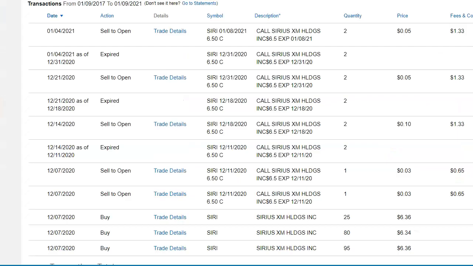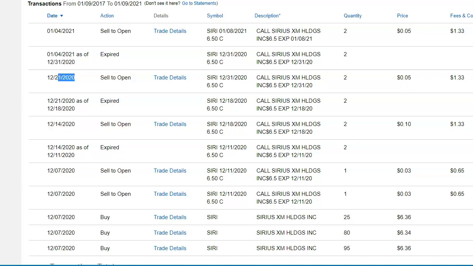And then we can see our history. On December 7th, we have 200 shares total, so we sold 2 calls each with a 650 expiration date. And it expired. Then on 12/14 we sold another call, which also expired.